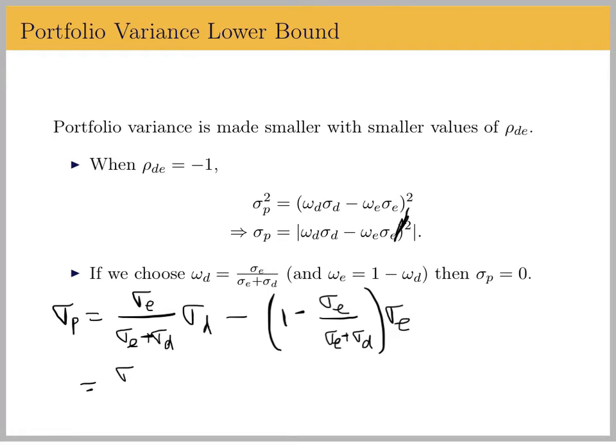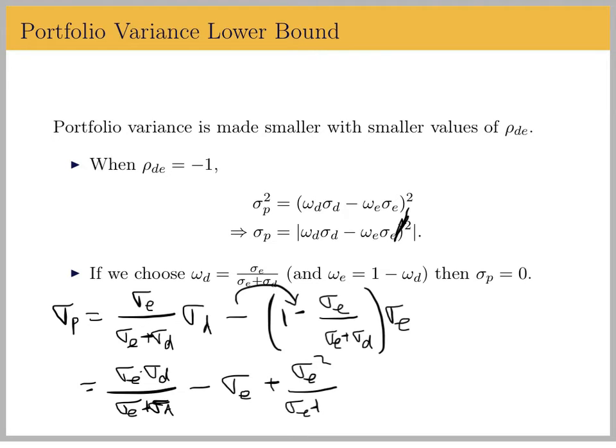We say that's equal to sigma E sigma D, all over sigma E plus sigma D, minus, now we can distribute this to be sigma E, and then the minus here is a plus sigma E squared all over sigma E plus sigma D.